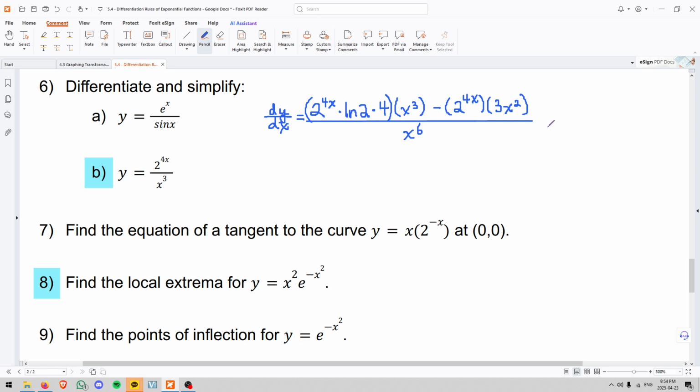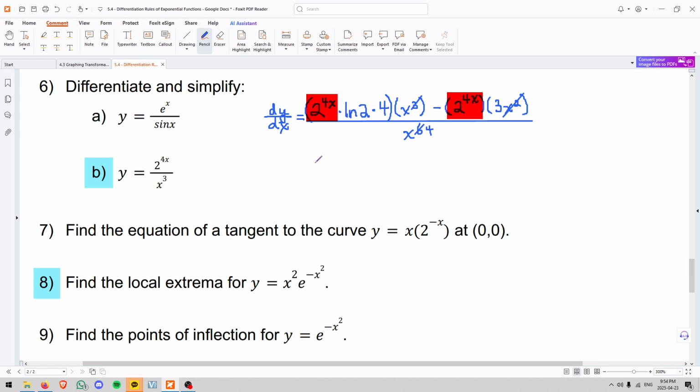So once again, this would be correct, so you get your mark, but the next mark would come from cleaning things up and simplifying. What are some things that I see common? I see 2 to the power of 4x and 2 to the power of 4x. I also see that I can reduce x to the power of 2, x to the power of 3, x to the power of 6. So x to the power of 2 is gone. The exponent is gone, it's just an x, and this becomes a 4.